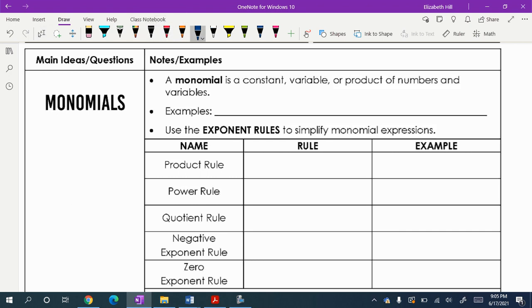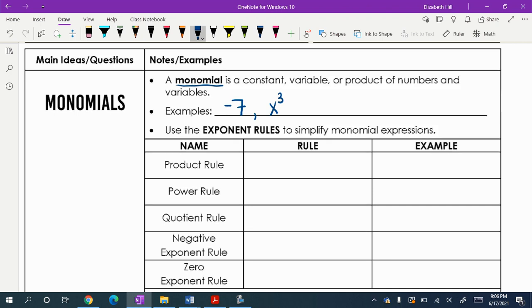All right, so first of all, some keywords that we're going to be looking at using, and one of those is a monomial. It says a monomial is a constant, it's a variable, or it's the product of numbers and variables. Since it can be a constant term, something like -7, that is a monomial. We could also take a look at a variable, so I could do something like x to the third.